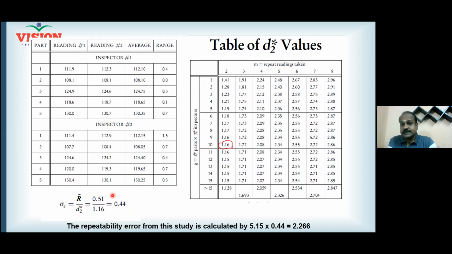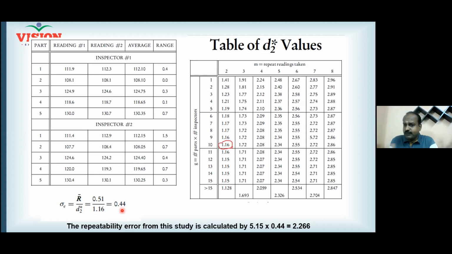The sigma is the representative of the repeatability error. But what is the total repeatability error? Multiply by 6. Once you get the sigma, multiply by 6, and that will help you account for 99.73% of the error.